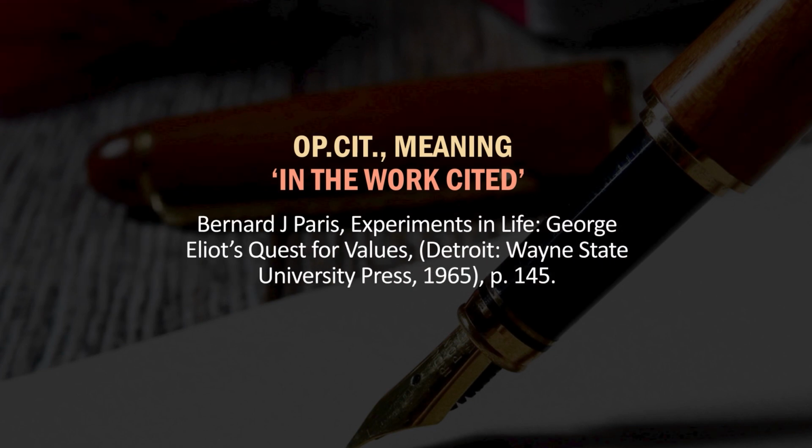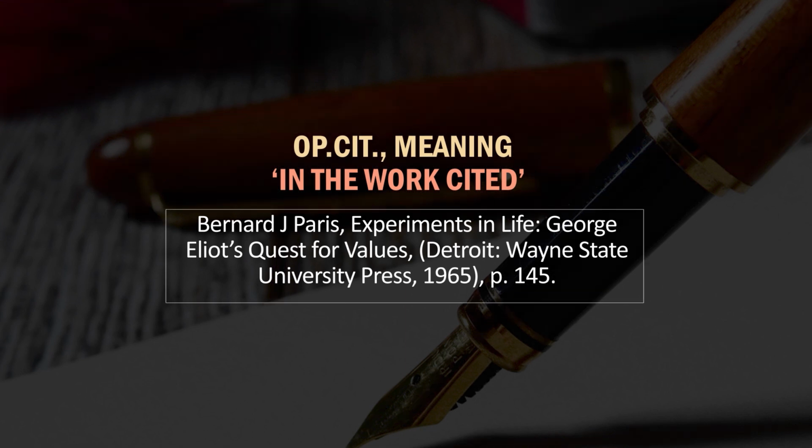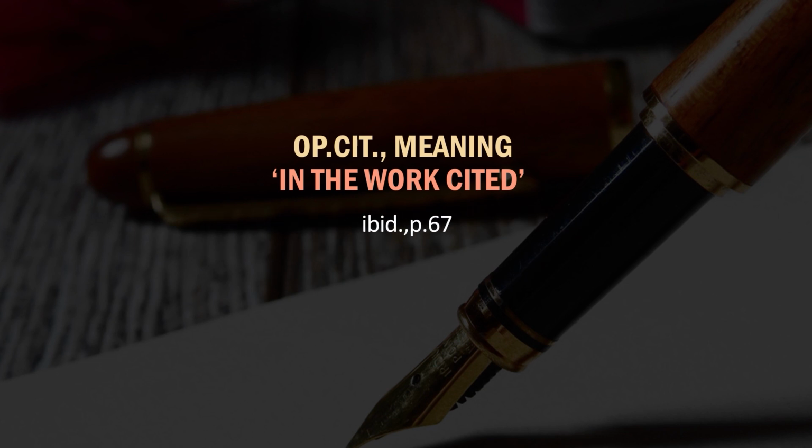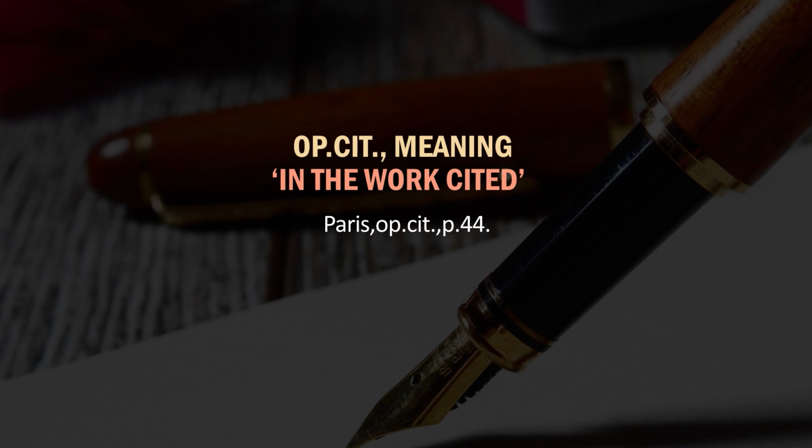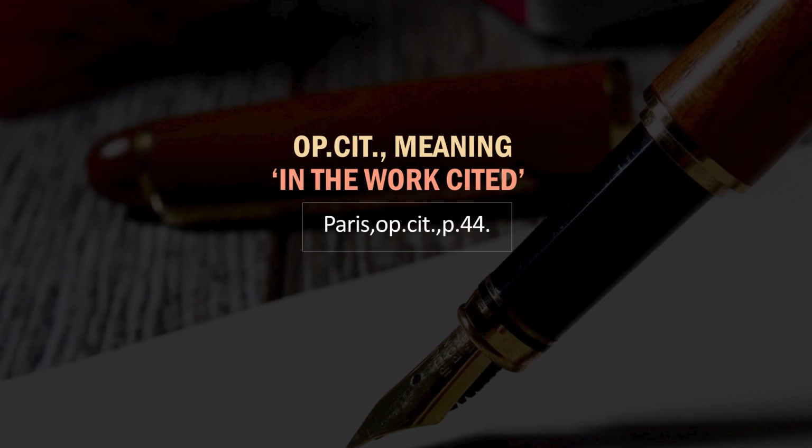The second footnote refers to his work again with a different page number. Then the third reference is to another author. And then when you are coming back to Paris after 2 more footnotes, you use the term op. cit. So this is how op. cit. would be used.